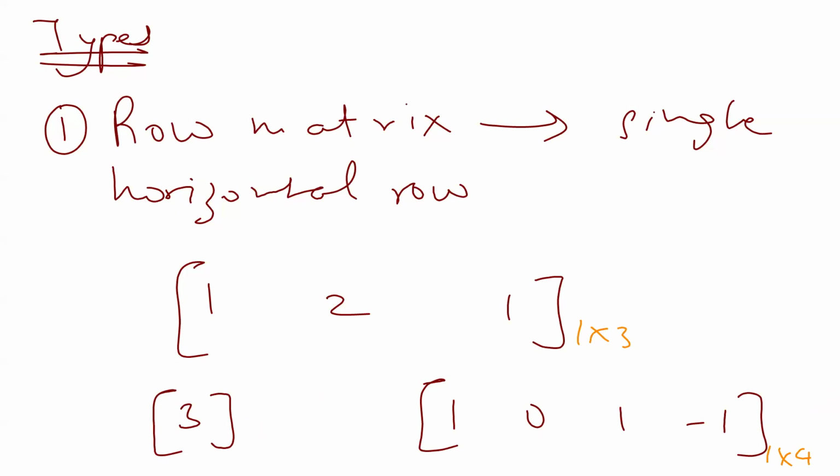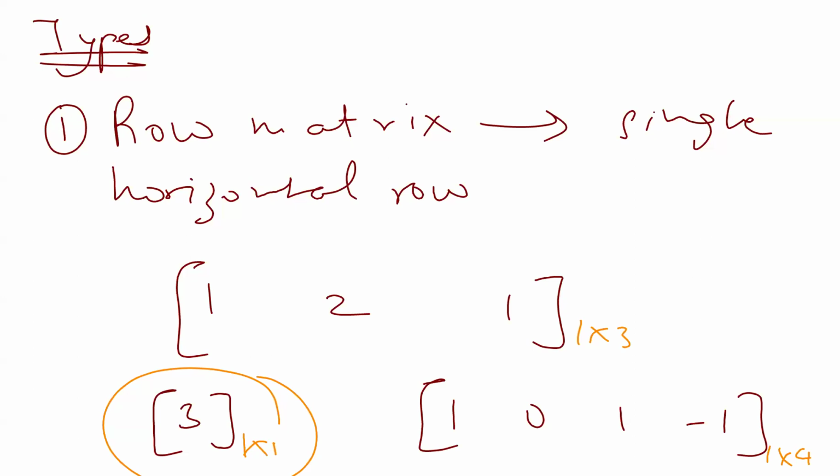The order of this matrix is 1 cross 1, one row and one column. So technically this matrix is a row as well as a column matrix. It's also called a singleton matrix. A singleton matrix is the matrix which has order 1 cross 1.